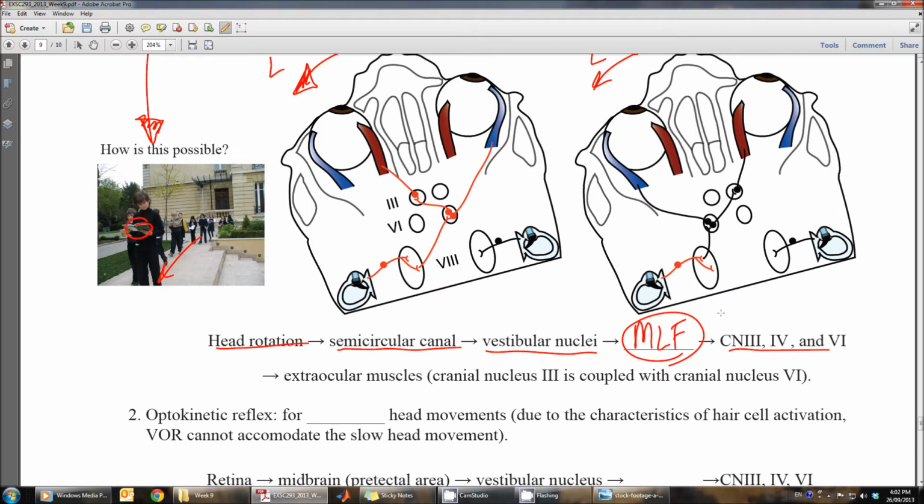So this MLF is very important. Let's spell this out: medial longitudinal fasciculus.